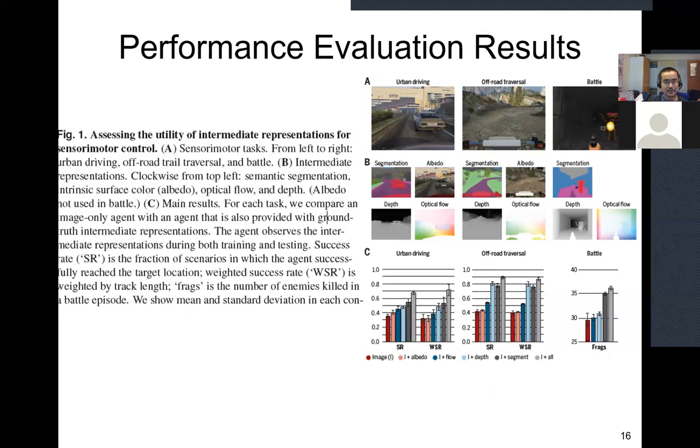So intermediate representations are segmentation, depth, optical flow, albedo, and they compared the performance, success rate, and weighted success rate, weighted by track length. So the conclusion is that the more computer vision intermediate representations you add, for the last one, image plus all, you can have a better performance. Rightmost bar is the best performance.